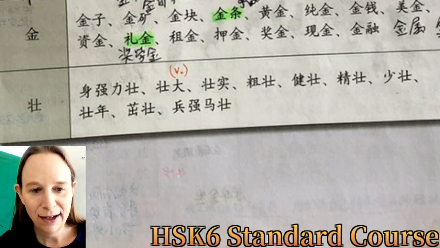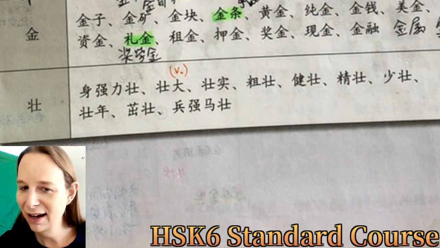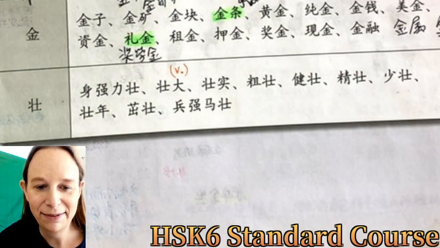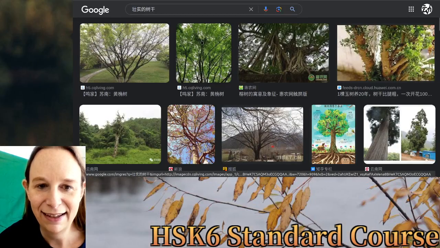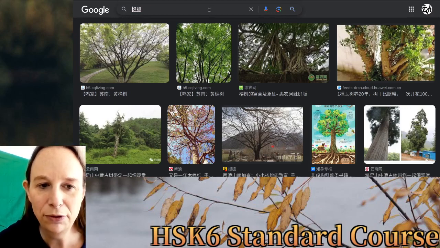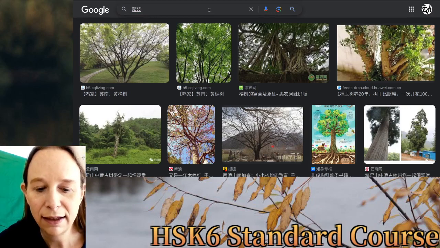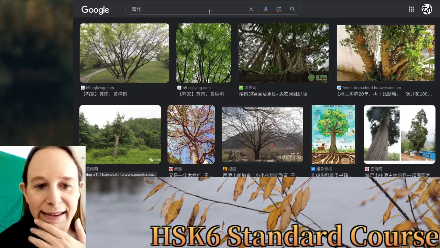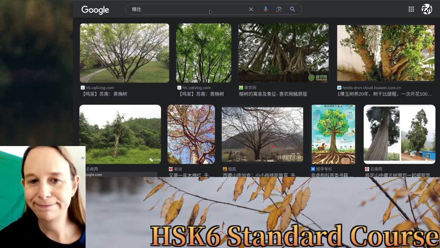精壮. I got nothing. 精壮. Let's look at images and see what we get from that. 精 is like exquisite or detailed or something. Fine. 精壮. Yeah, I got nothing with this one. 精壮.